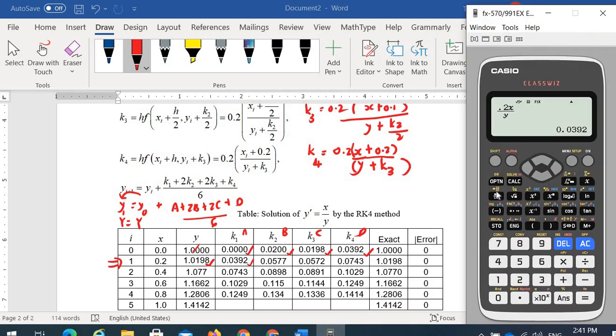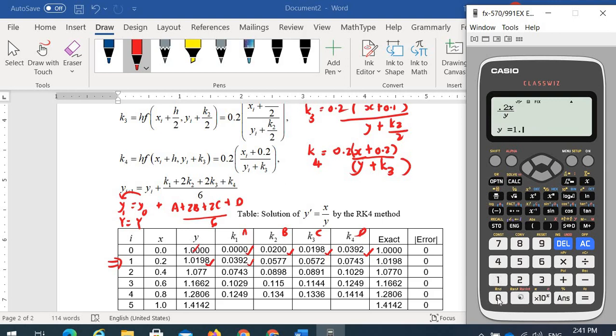Now calculate again for K2. For K2, X will be your 0.2 plus H over 2, meaning 0.2 plus 0.1, so you get 0.3. For Y in K2, take the current Y plus K1 divided by 2.